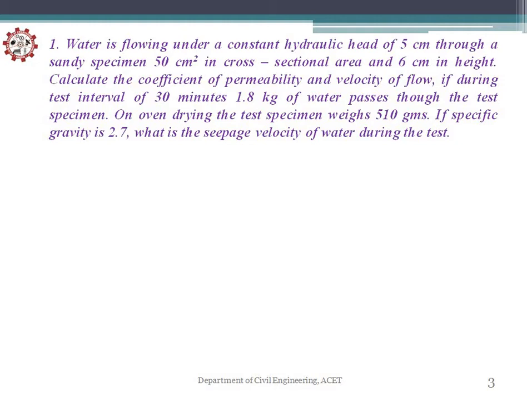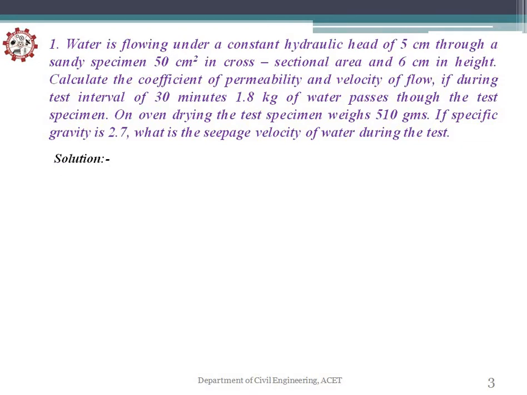On oven drying, the test specimen weighs 5110 grams. If specific gravity is 2.7, what is the seepage velocity of water during the test?